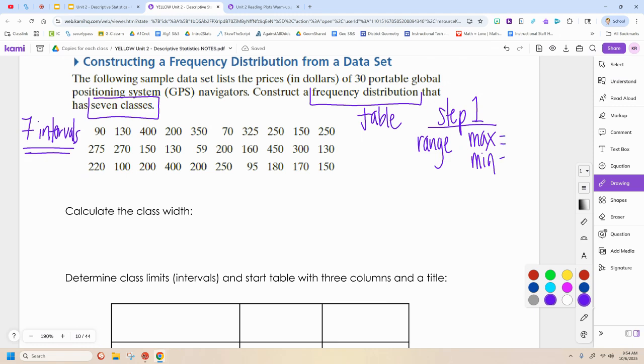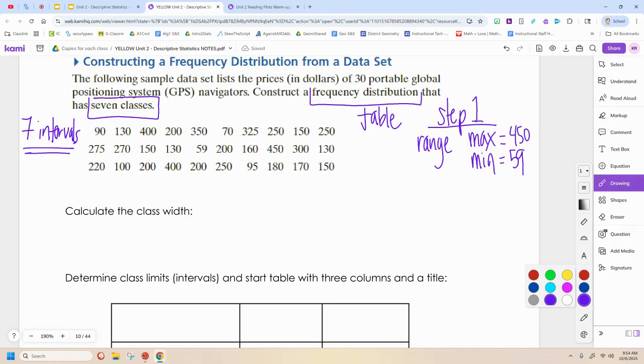So let's skim what's our least expensive and most expensive. 59 is our minimum, and then what's our most expensive one? Is it 450? Is there one that's more than 450? No? Okay, 450, right?